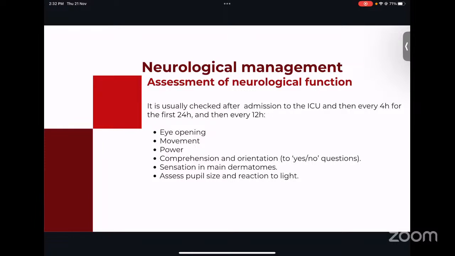The power of all limbs, upper and lower. Whether the patient is comprehensive and oriented to yes and no questions. We will also check the pupil size and reaction to light.